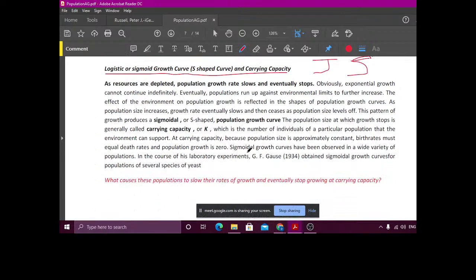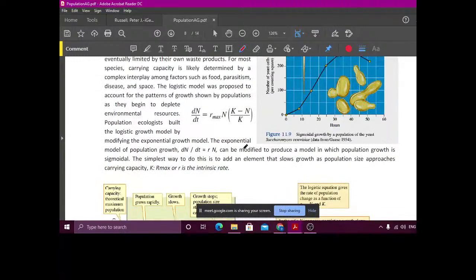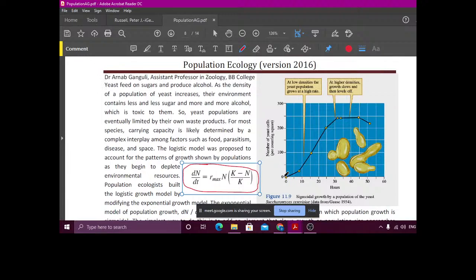In the sigmoidal curve, you have to remember the formula for this curve, and essentially you see a slow growth, then an exponential growth takes place, and then at higher density resources become limited and the growth slows down. This is how it takes place.